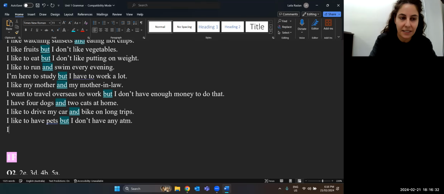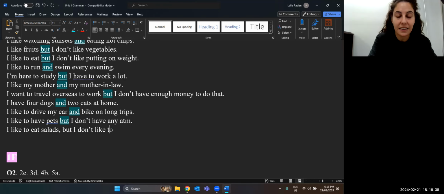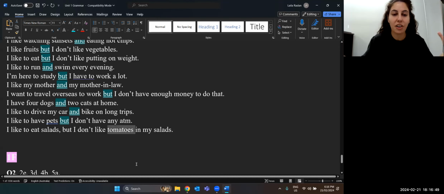So it has to be connected. This could be, but I don't like cucumbers, I don't like lettuce, I don't like whatever else they put in salads. So it must still be a little bit connected, but good.